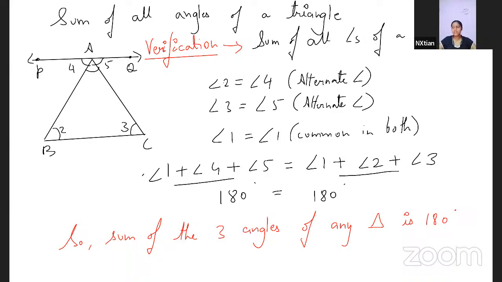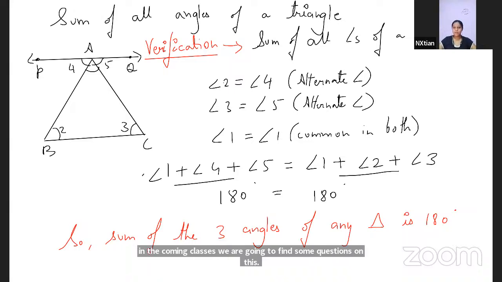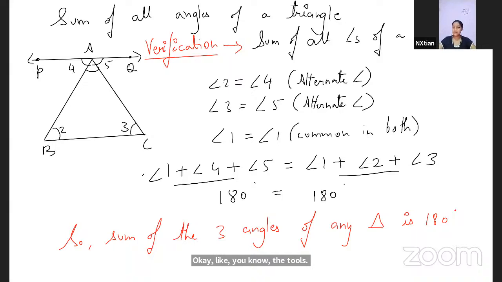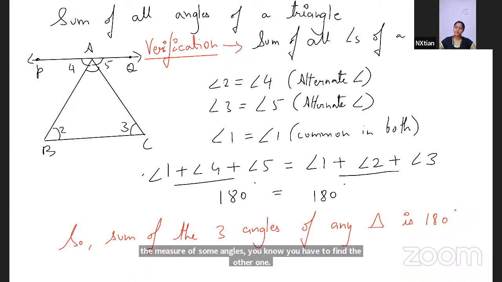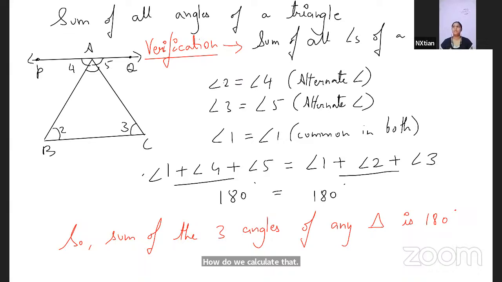So in the coming classes, we are going to try some questions on this concept only. Like you know the total is 180. When the measure of some angles is known, you have to find the other one. How do we calculate that? So that we are going to do, and we will be doing some questions on calculating the measure of the angles inside triangles. Yes, the sum of it all will be 180.